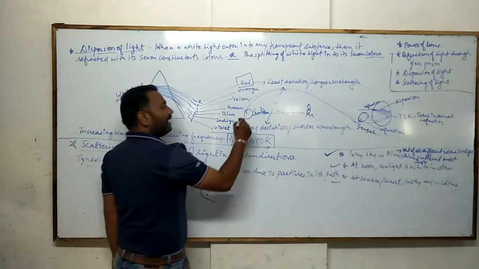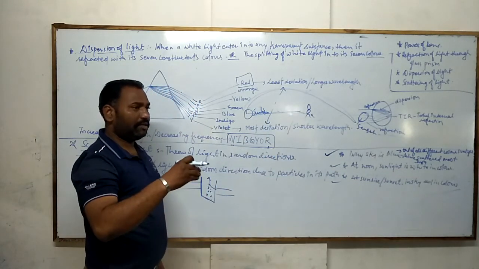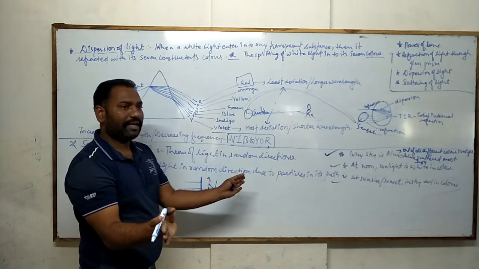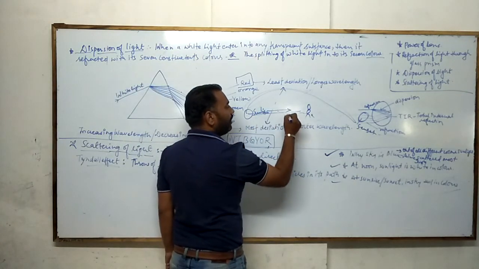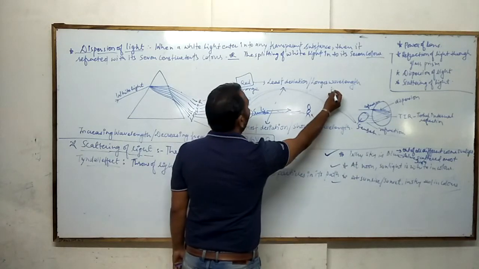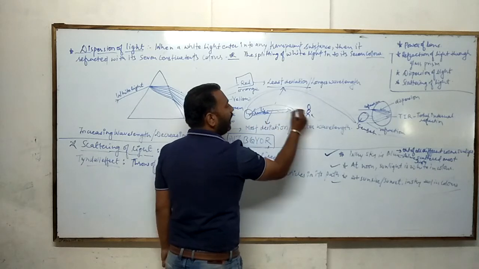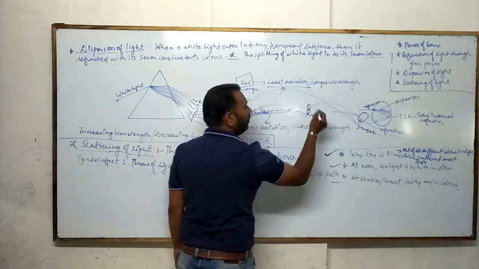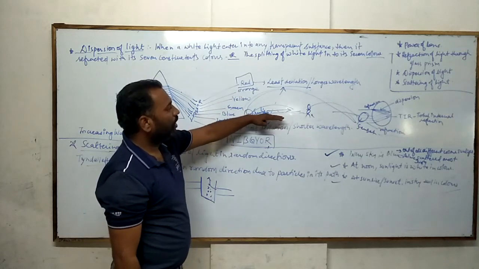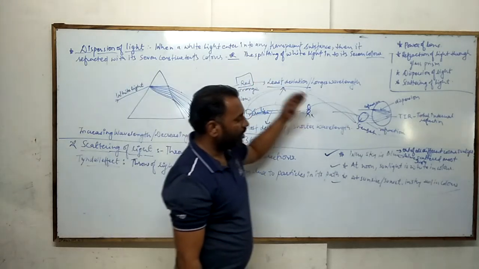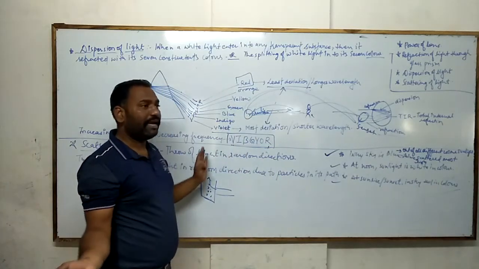When the light is traveling from here, very minute particles are there, and only the blue color, most of the light, gets scattered at that time, and the red color, which has a longer wavelength and least deviation, keeps coming. Due to that, only red color can be seen by us. This is the reason why at sunrise and sunset the sky is red in color, because the blue light was scattered before that.